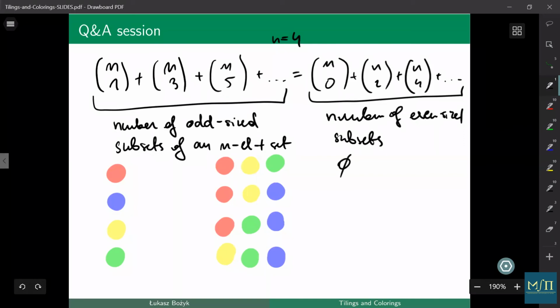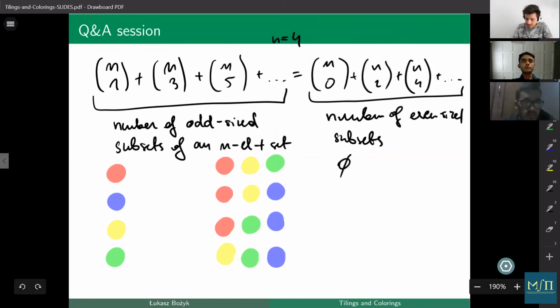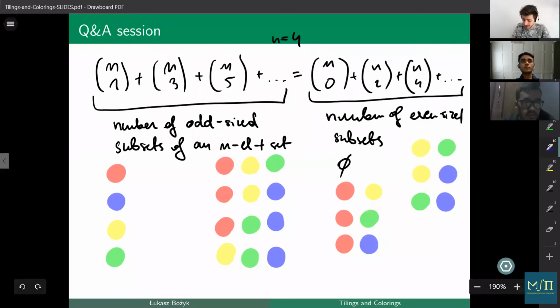So there is one empty set, right? Let me try to draw it nicer. We have 6 such pairs, and we have a complete set of all colors, right, of size 4.